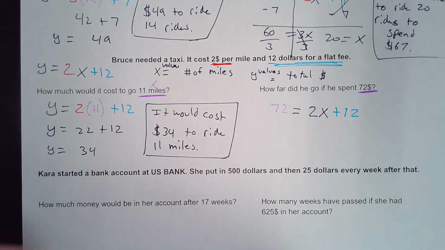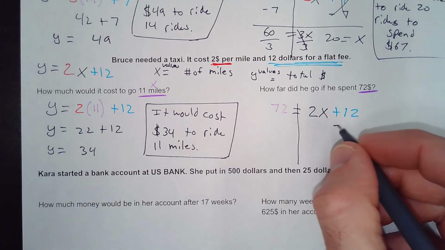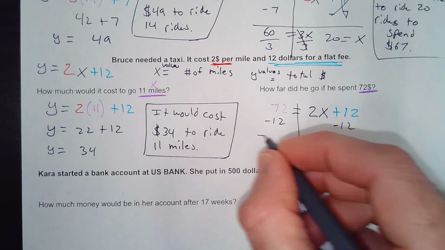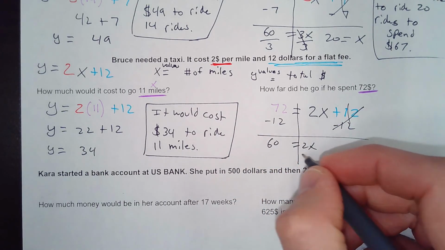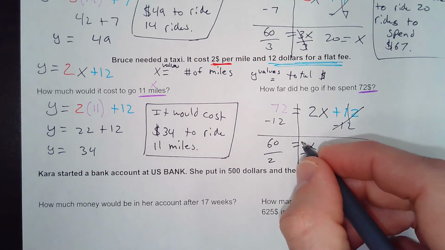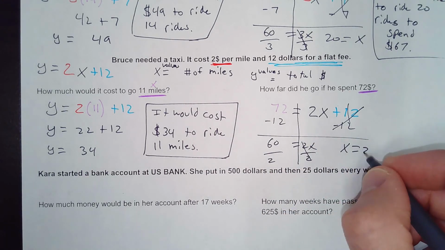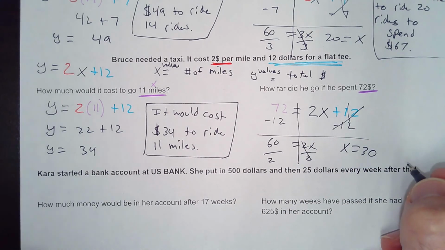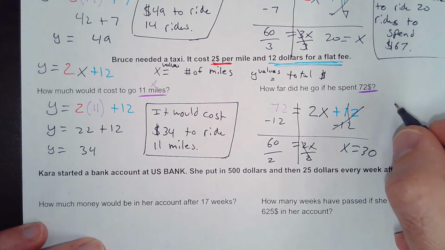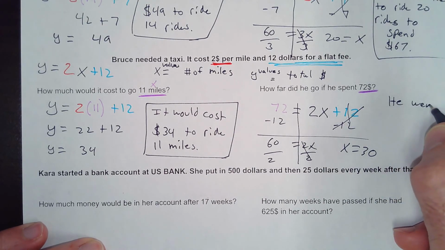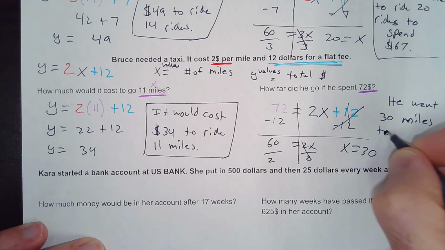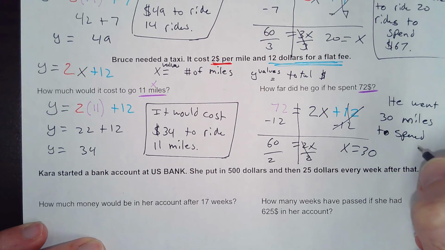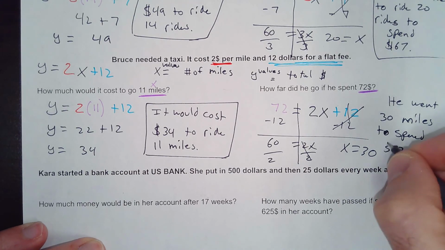Then let's just start to simplify it. So draw our line, minus 12, minus 12. 60 equals 2x, divide by 2, divide by 2. X equals 30. So he went 30 miles to spend $72.